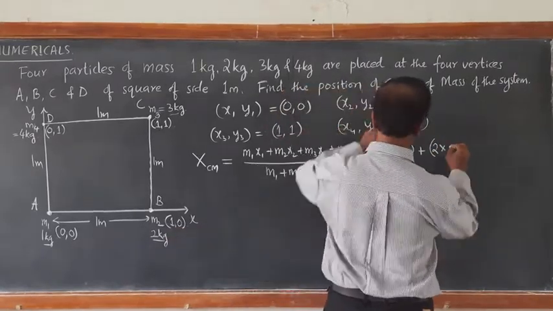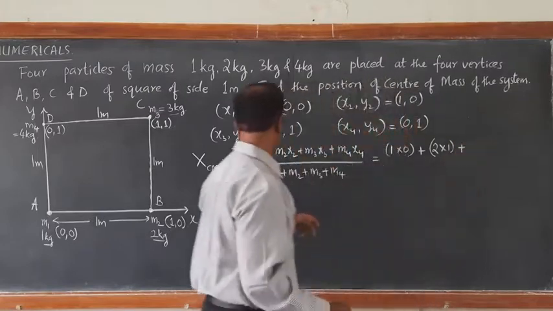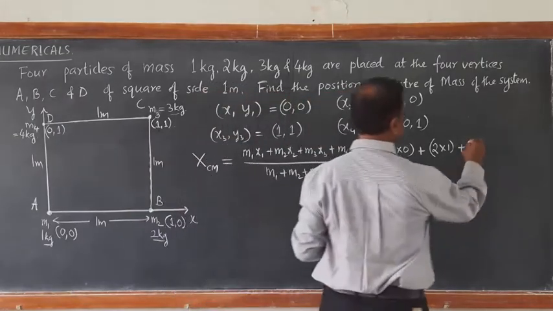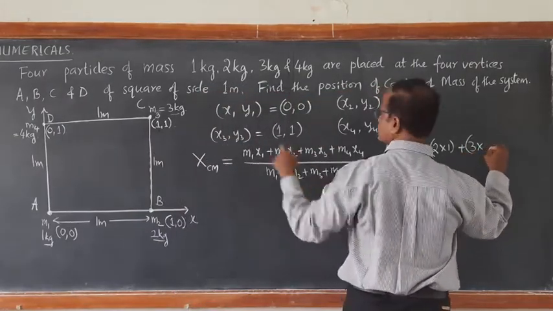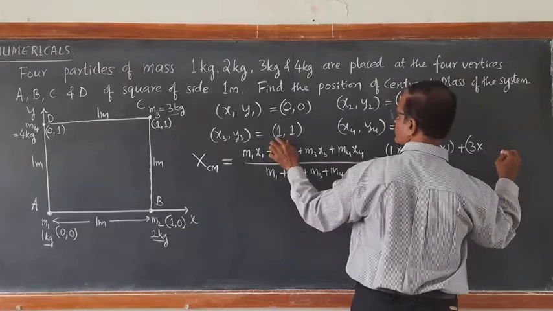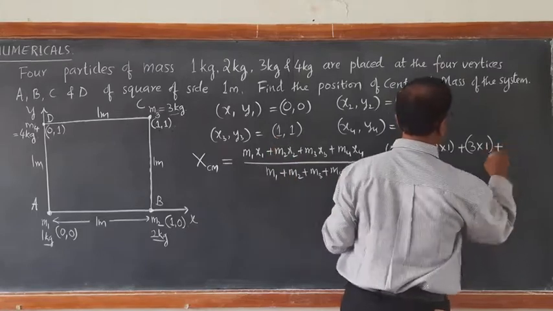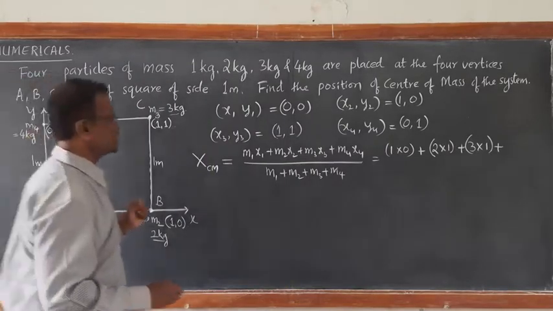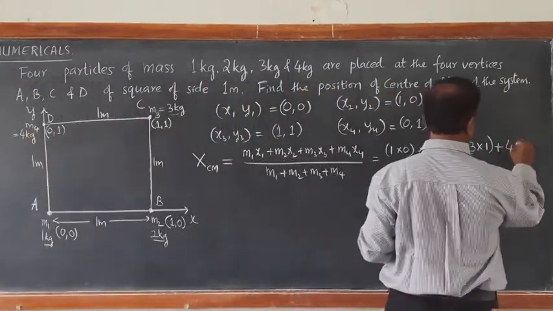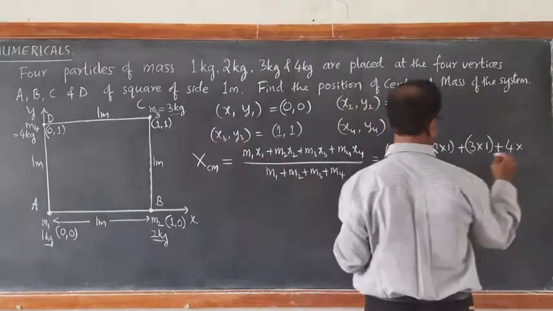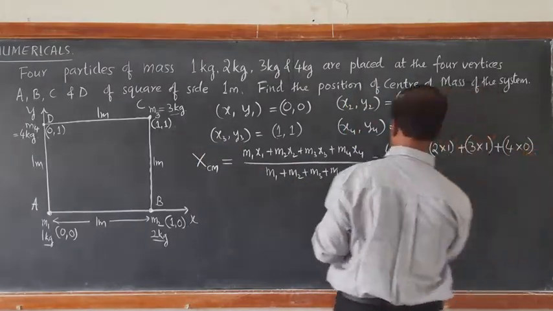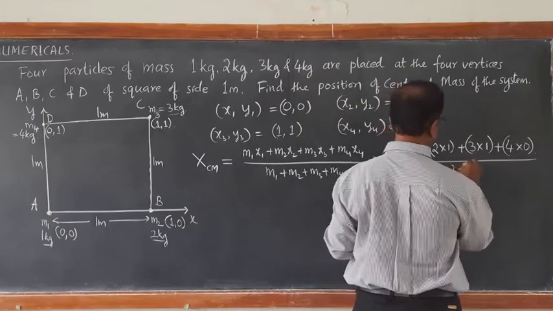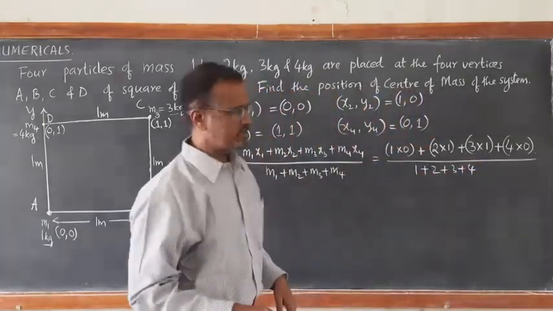You can refer here, x2 is 1, plus m3 is 3 kg, 3 kg into x3, which is 1, plus m4 is 4 kg and x4 is 0. So the whole is divided by 1 plus 2 plus 3 plus 4, the sum of the 4 masses.